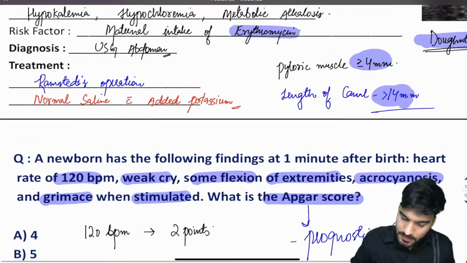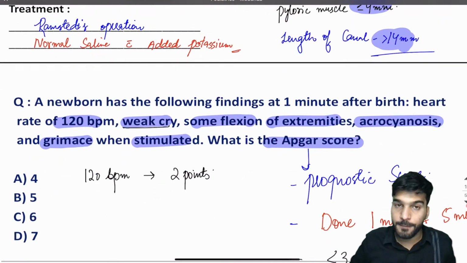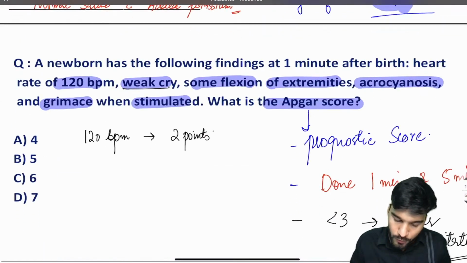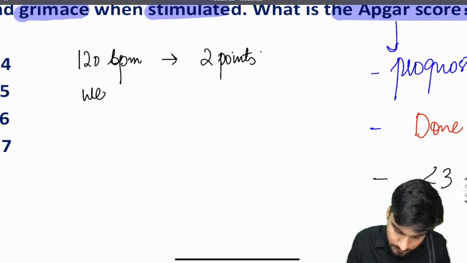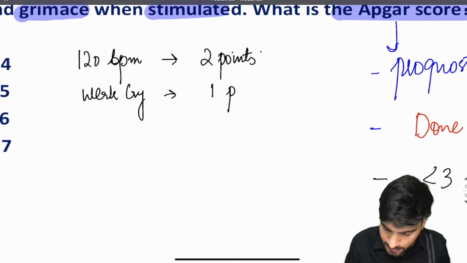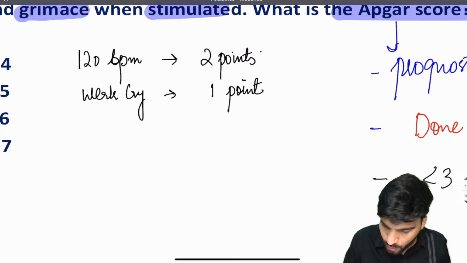Next is the weak cry. If the baby is having a weak cry, that is a score of 1. Weak cry, that will give you 1 point.